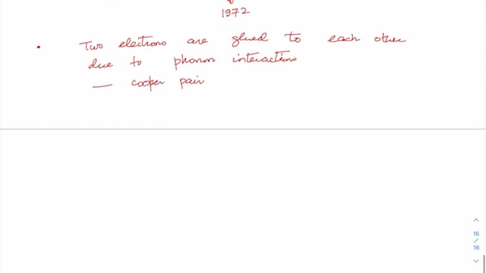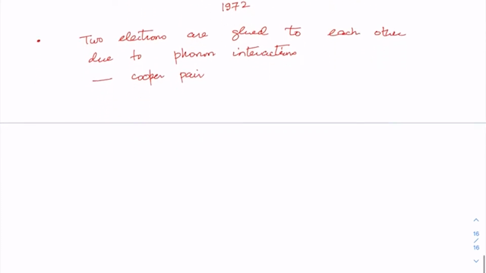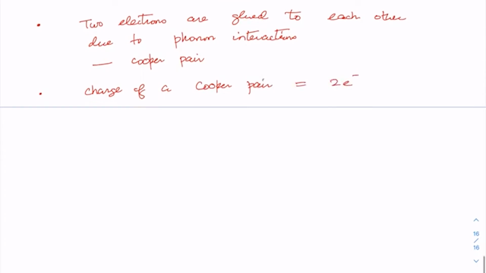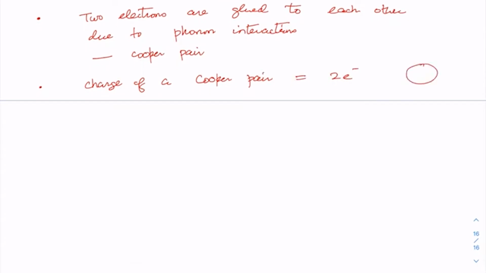Now these electrons travel inside the superconductor in the form of Cooper pairs, and as it is a collection of two electrons, the charge of a Cooper pair is twice the elementary electron charge. So they form a pair like this.